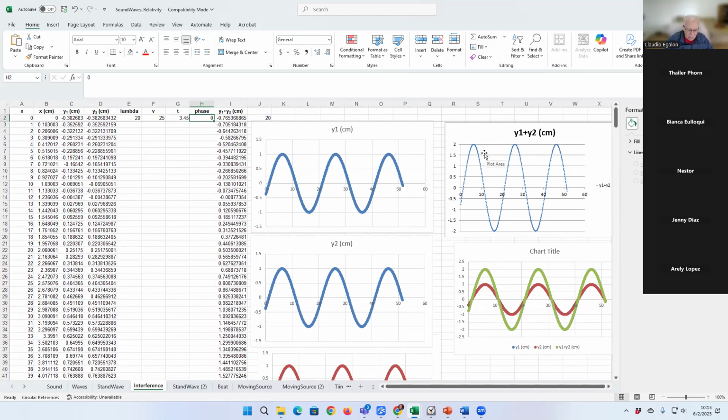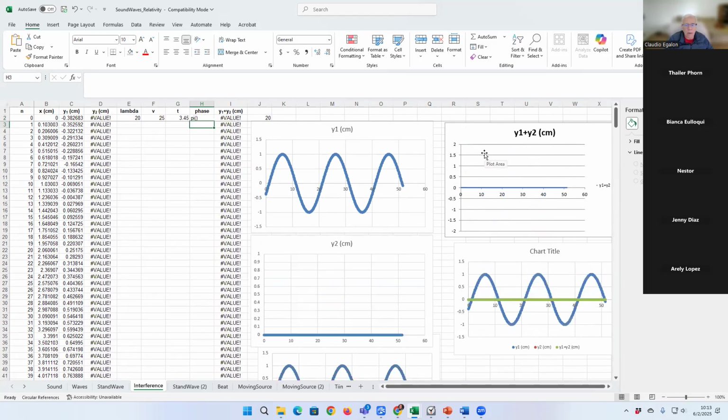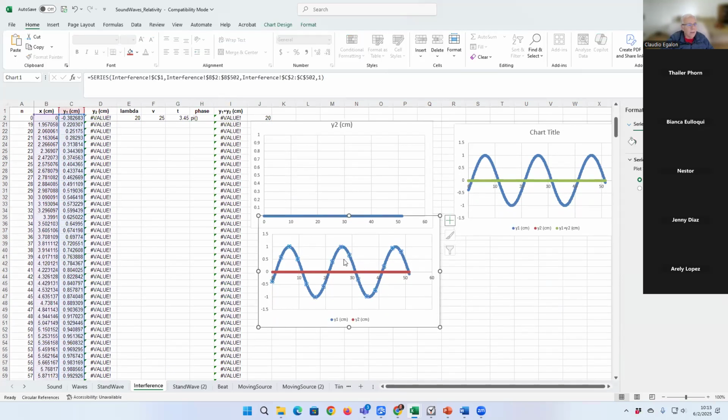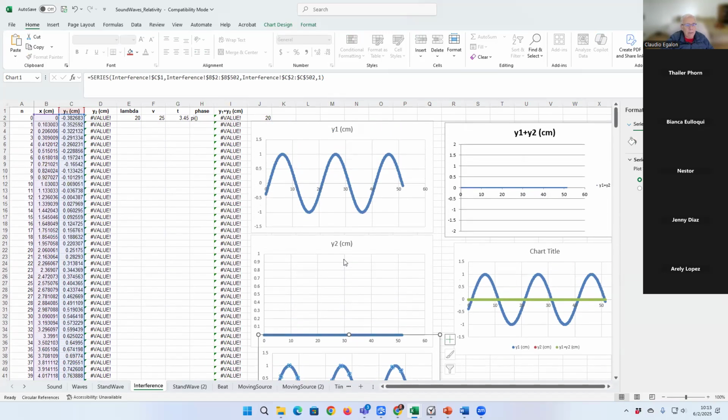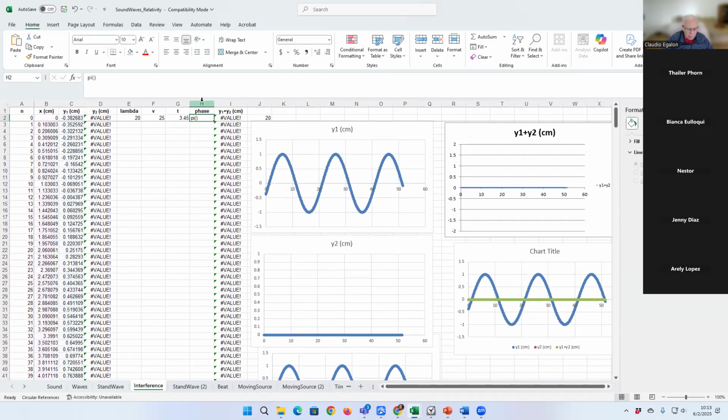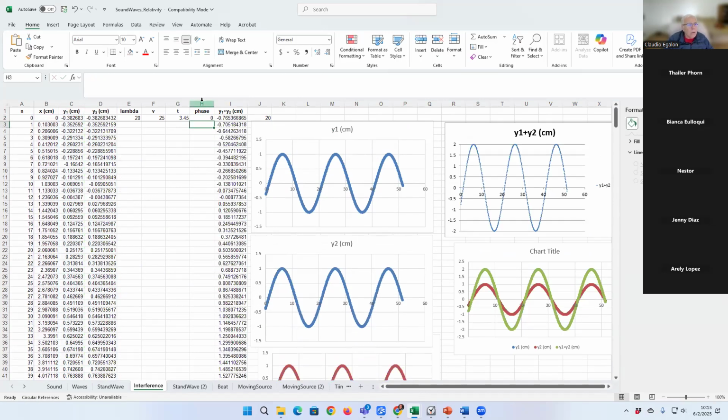If the phase difference is pi or 180 degrees, we have destructive interference right in here. And now we can start simulating any interference between 0 degrees and 180 degrees. So let's go back to 0 degrees.